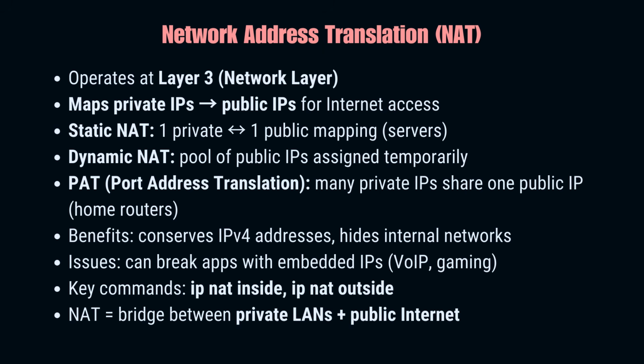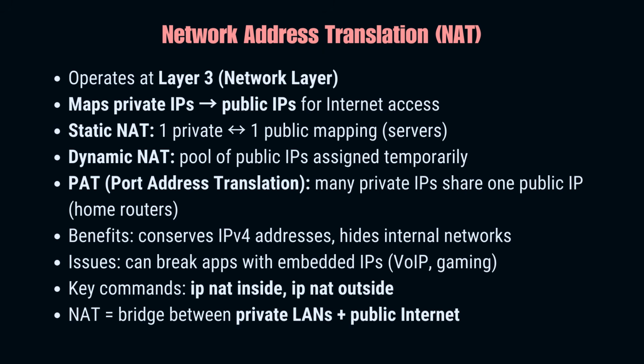Network address translation operates primarily at the network layer, Layer 3, to enable private networks to access public internet resources using limited public IP addresses. Static NAT provides one-to-one mapping between private and public addresses, useful for servers requiring consistent external addresses.